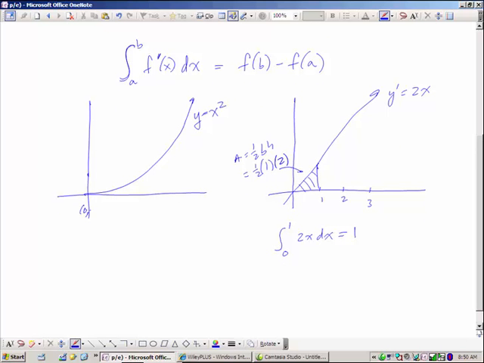I have a point here, 0, 0, and I have a point here, 1, 1. We haven't established a pattern yet, but we're going to start to see it, I hope. All right, definite integral from 0 to 2. I think the definite integral from 0 to 2 is just a bigger triangle.